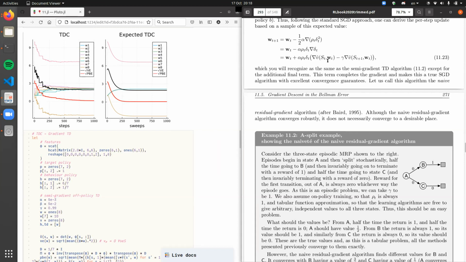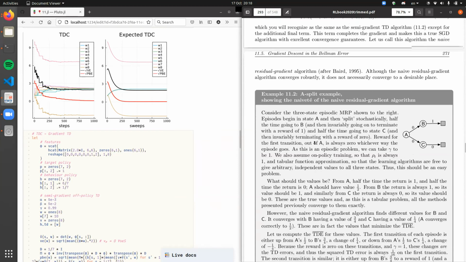Here we still don't have an explicit formula for the update, because it depends on what our function is. But in the simplest linear case, it would be just our feature vector, because the gradient of v hat in the linear case would be just the feature vector that we multiply with w.